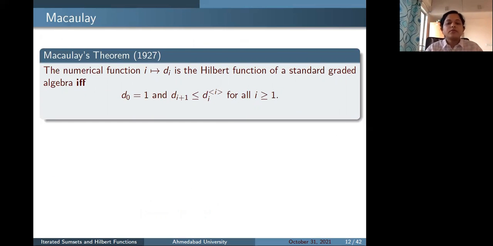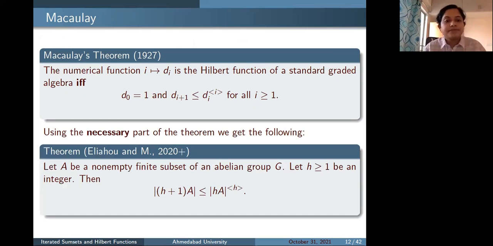So this is my Macaulay theorem, right? It says that if I have a standard graded algebra with a Hilbert function, then the necessary and sufficient condition is that this Hilbert function satisfies this. So I have used here the necessary part.